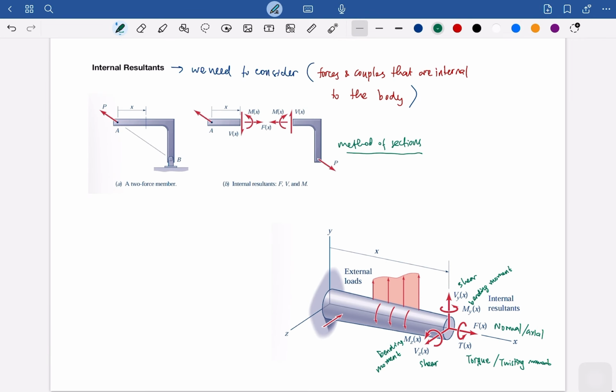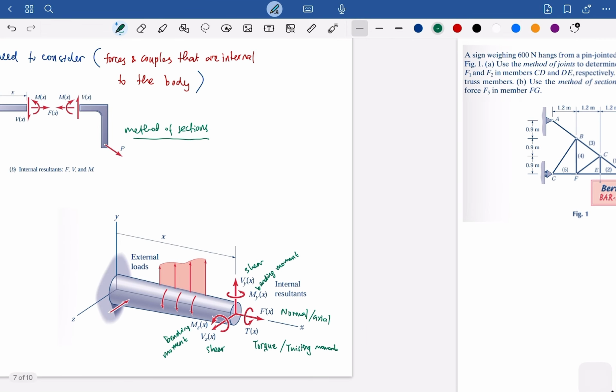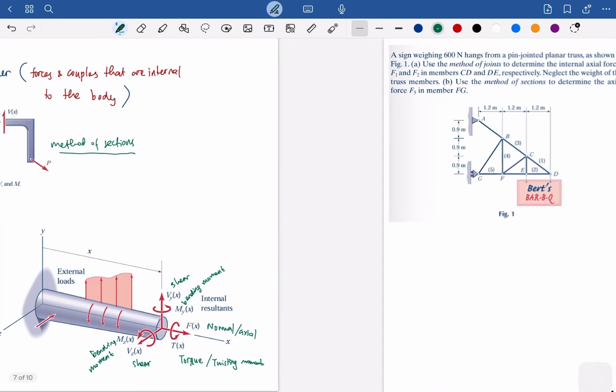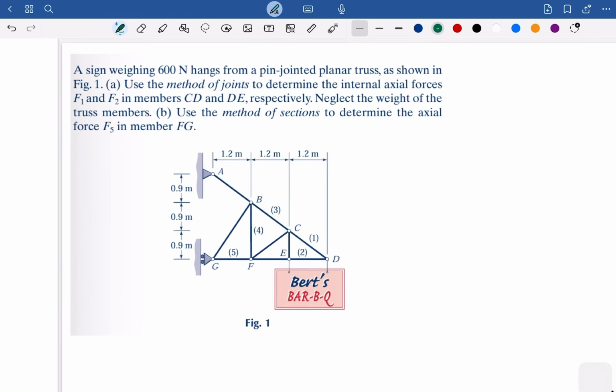Okay, that is some introduction and how to use at least the method to cut or slice the internal forces, and then to observe whether we can figure out how to determine axial forces. For example, let's say we have an example here.